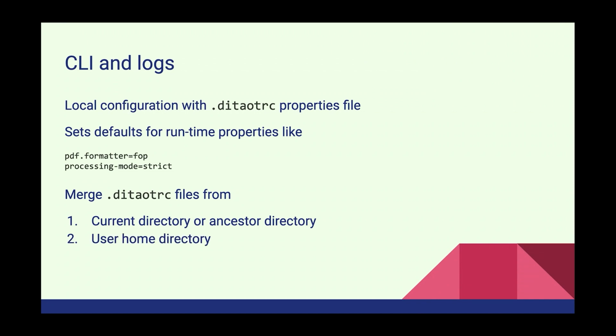Again, it goes further and tries to look for it in your home directory. If you look at your home directory on, for example, Linux or Mac, you'll find plenty of these dot something files there. And then finally, the OT installation directory. Yeah. It won't just read the first one, it actually combines them, merges all of them, so you can specify your local configuration at multiple levels.